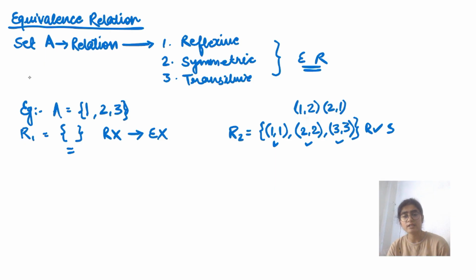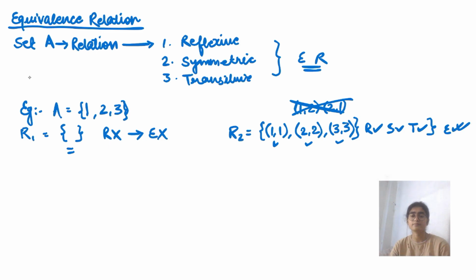But there is nothing like this in this relation, so it is also symmetric. For transitive we say that if there is (a, b) and (b, c), then there should be (a, c) also in that relation. But there is no such thing in this relation, so it is also transitive. So together we can say that it is an equivalence relation.